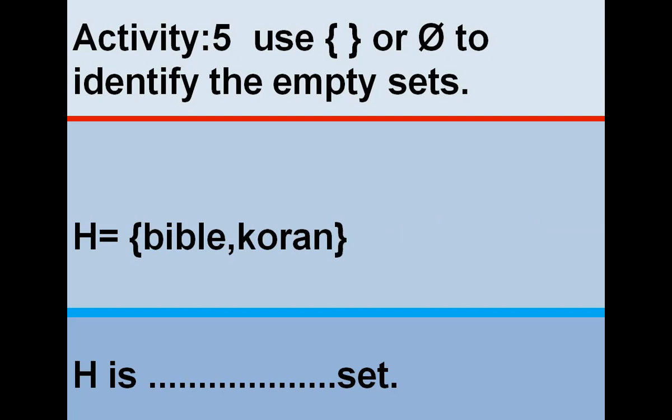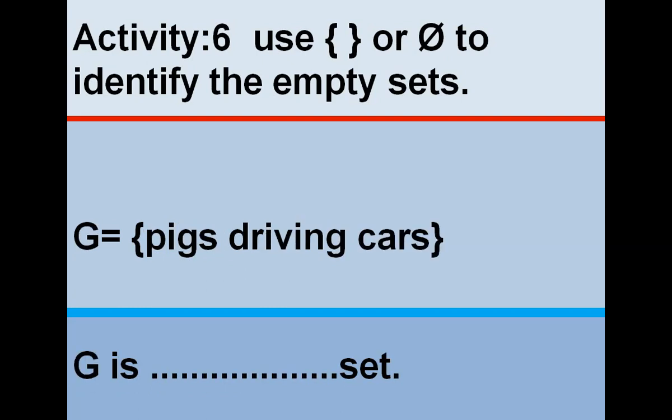Then set H. It is a set of a Bible and a Koran. Can we have a set of a Bible and a Koran? Okay. Then describe the set. We've got set G. Set G has got elements. Pigs driving cars. Have you ever seen pigs driving cars?